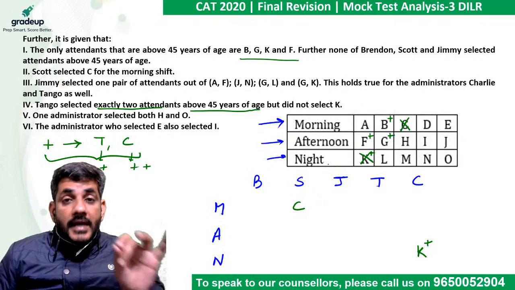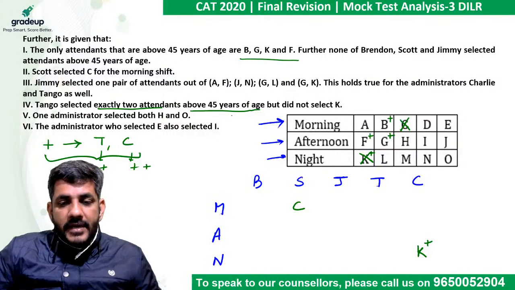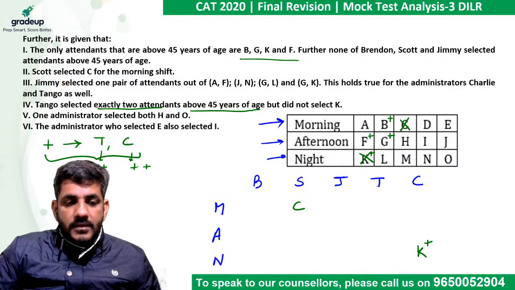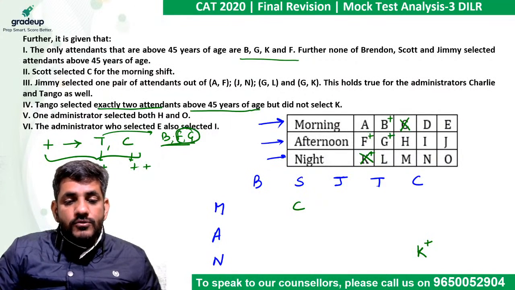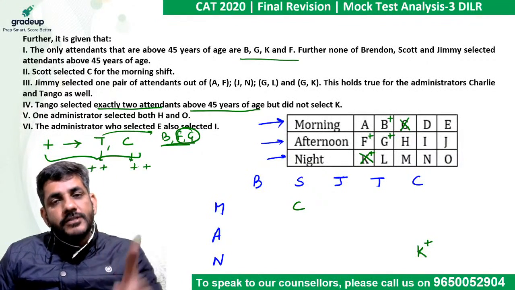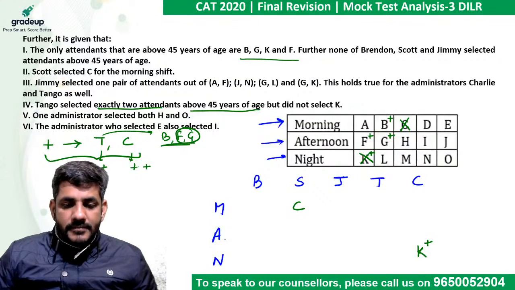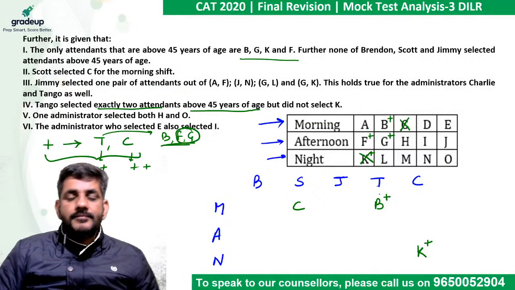Now, Tango has to select 2 people out of B, F and G. And one thing is obvious, in the afternoon slot he can select only one person. So can I say B is surely selected by Tango? B is surely selected by Tango.